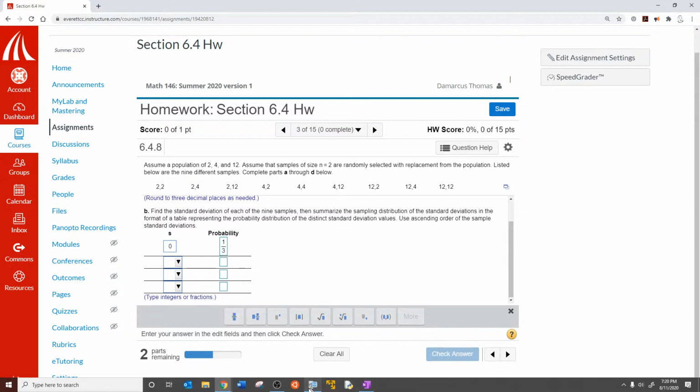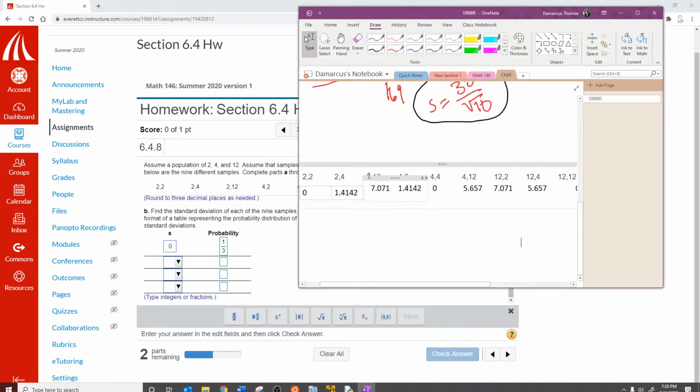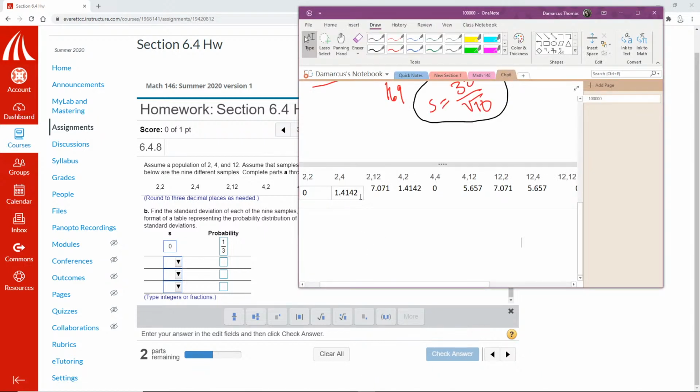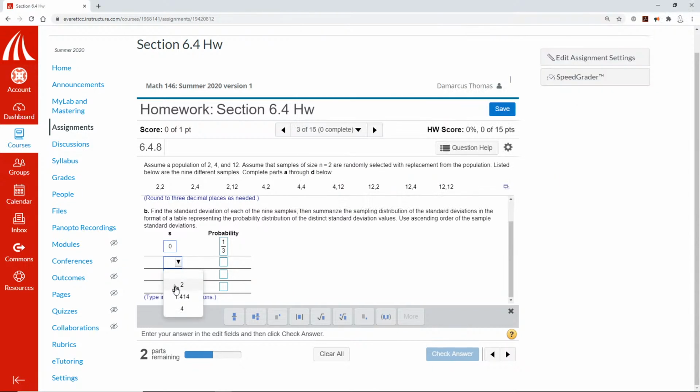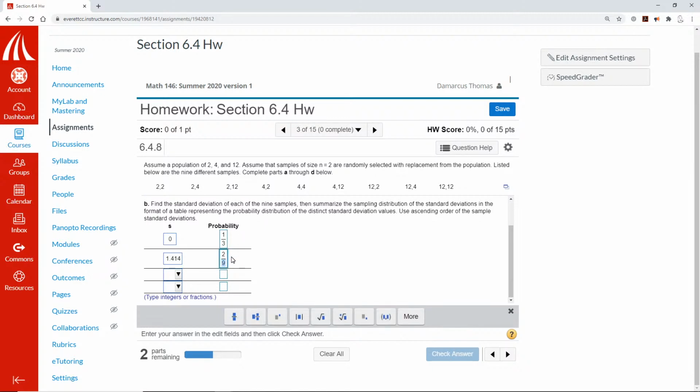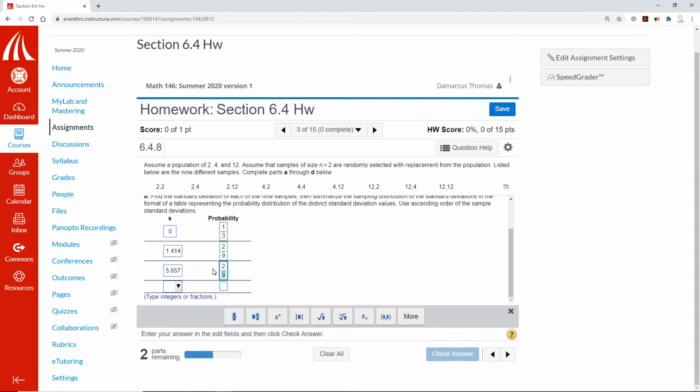Now my next value is 1.41. There's 2 of them. There's 2 out of the 9, so I'll do 2 ninths. Let's look at another one. 5.65, and there's 2 of those. And the last one that I had, 7.071, and there was 2 of those.